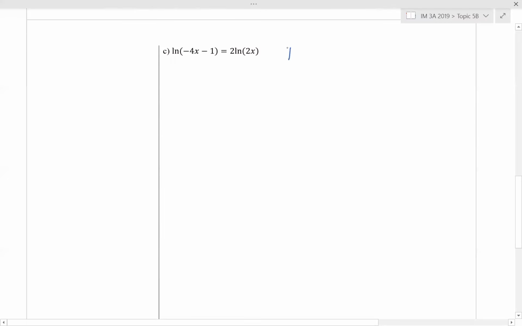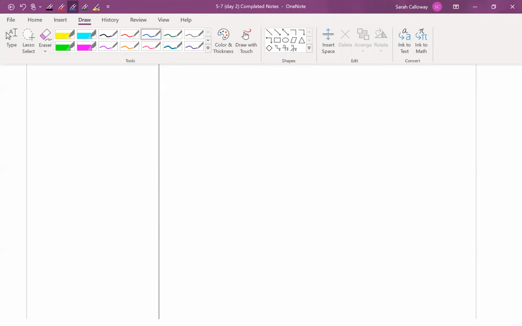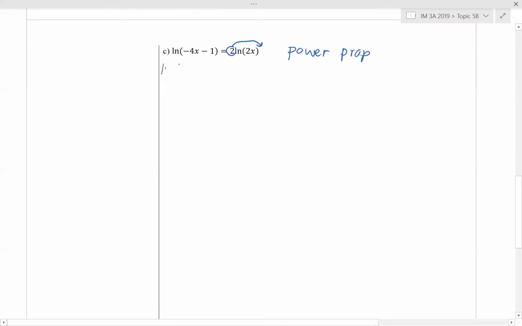I have to start by using the power property and move that coefficient to become an exponent. So I'm going to rewrite this as ln of -4x minus 1 is equal to ln of 2x all squared.